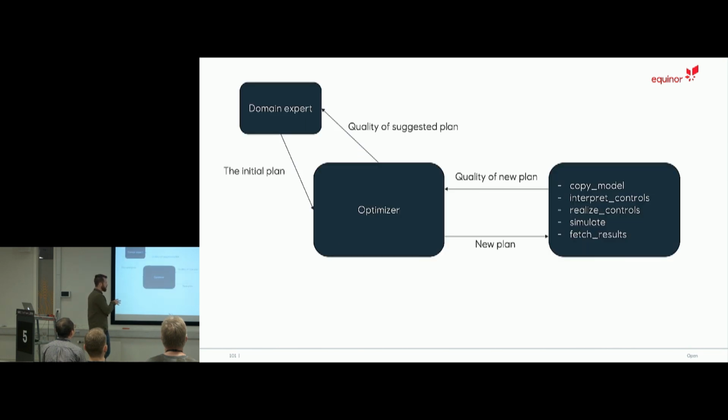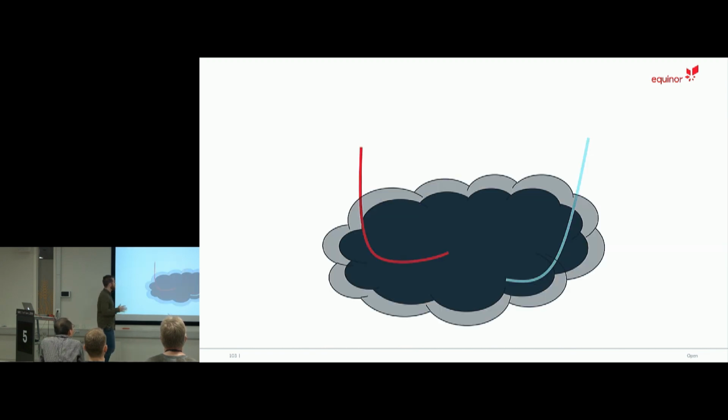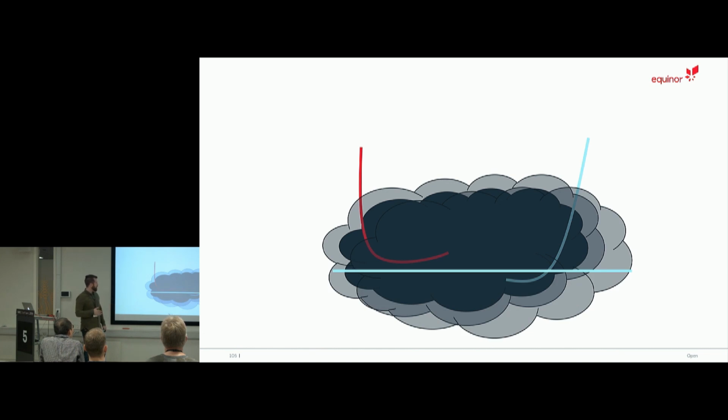But what's missing from this picture is the ensembles, right? And there is no uncertainty. So we need to embrace the uncertainty. We don't know the volumes of the reservoir. We don't really know what it looks like. And typically in a reservoir you might have some water below, and then you might have some oil or gas on top.